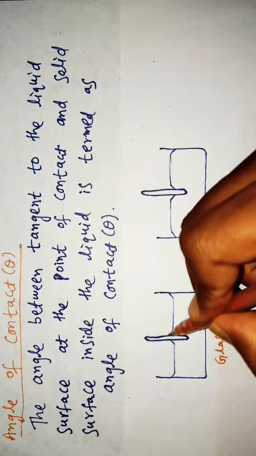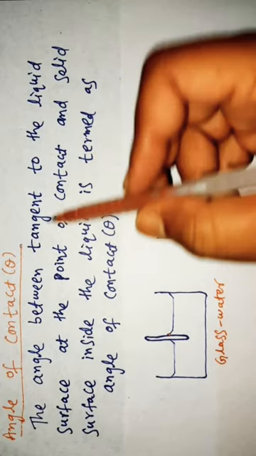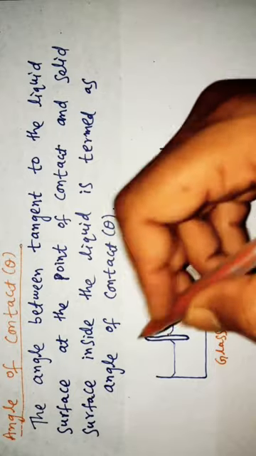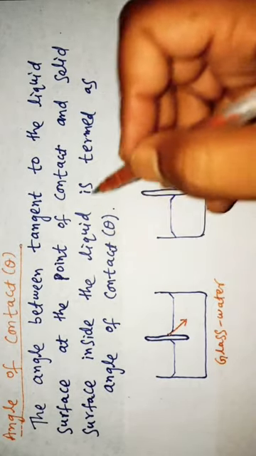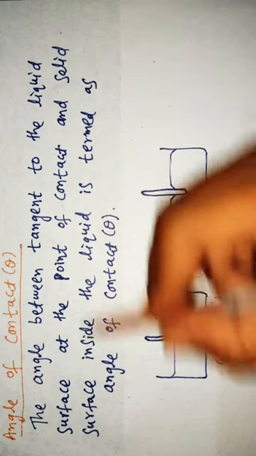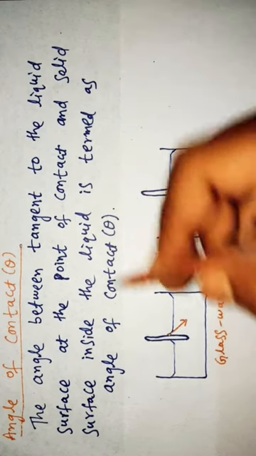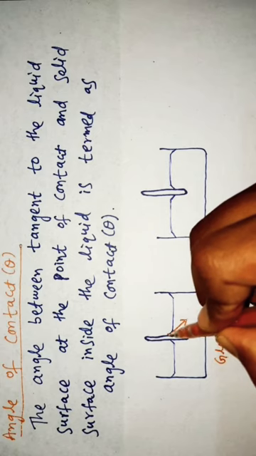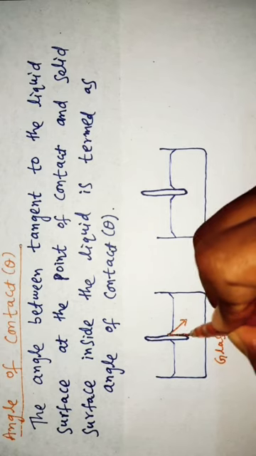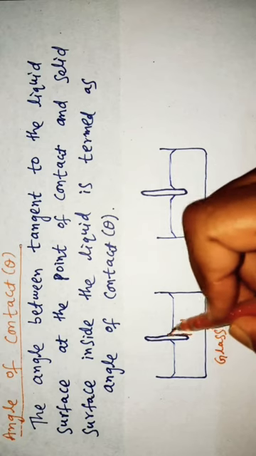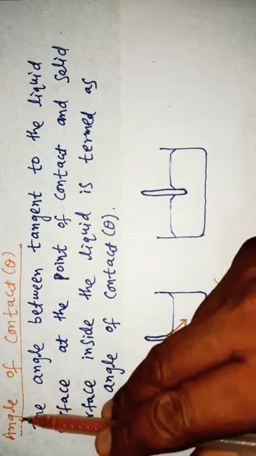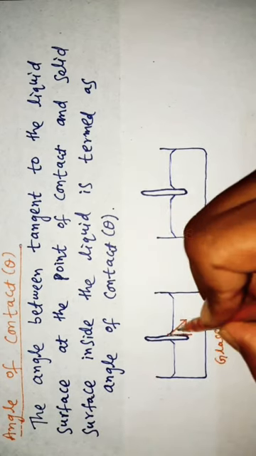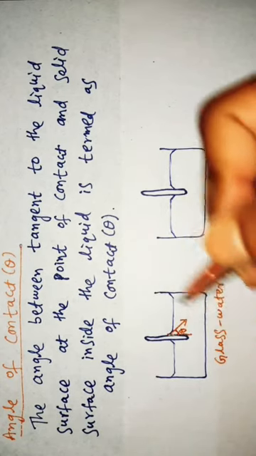So here the point of contact is here, and this is the tangent to the liquid surface. And the solid surface inside the liquid is this one. The angle between these two is known as the angle of contact, that is theta.